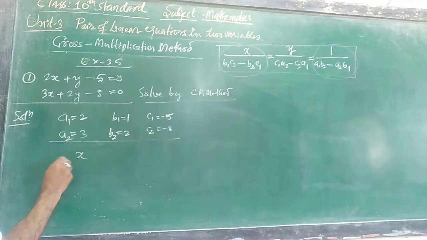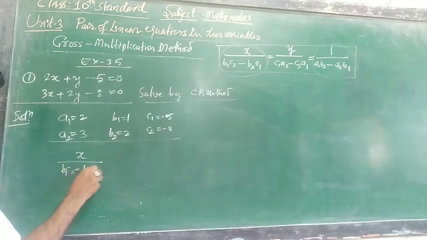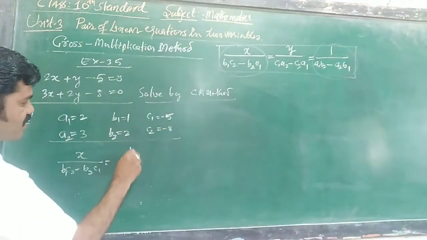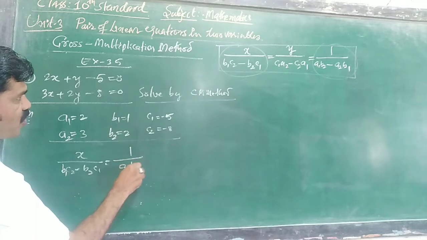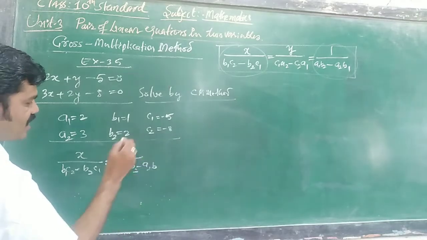Let us extract. To find the x value, first I should write x divided by b1 c2 minus b2 c1, that is equal to 1 divided by a1 b2 minus a2 b1.